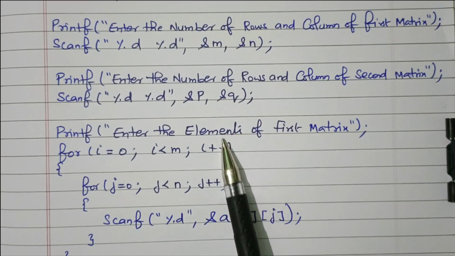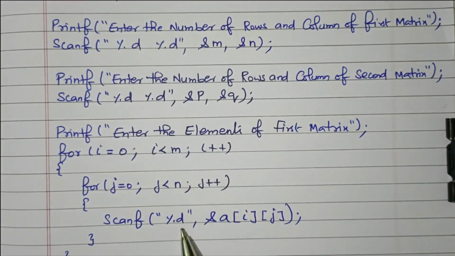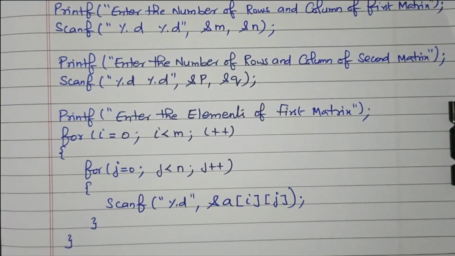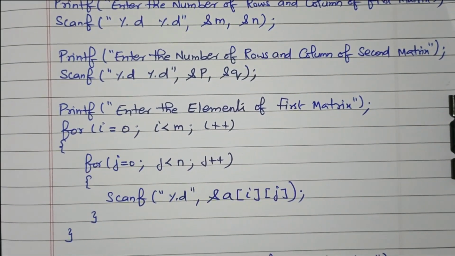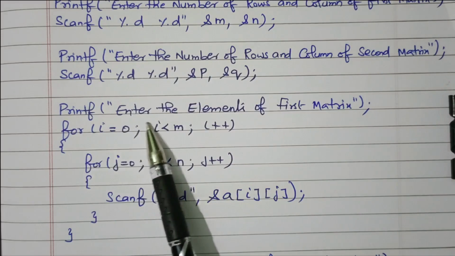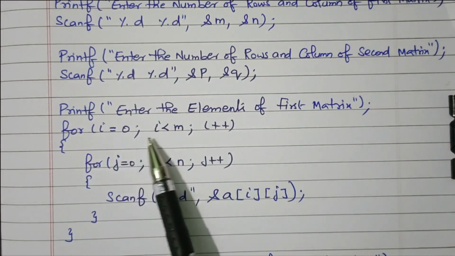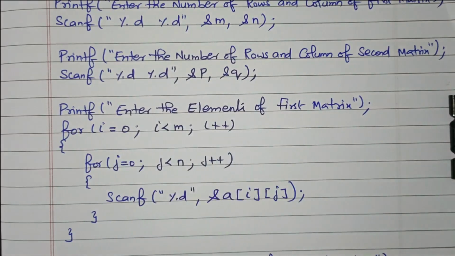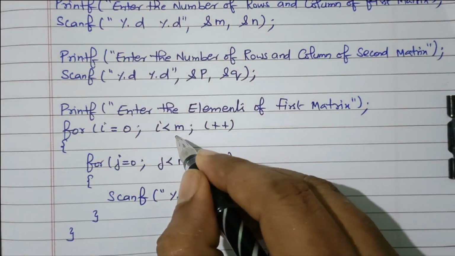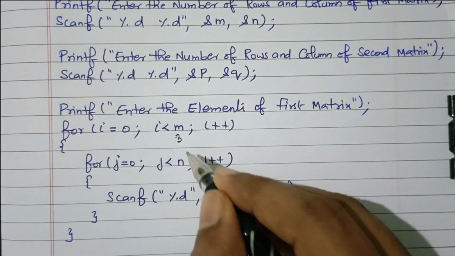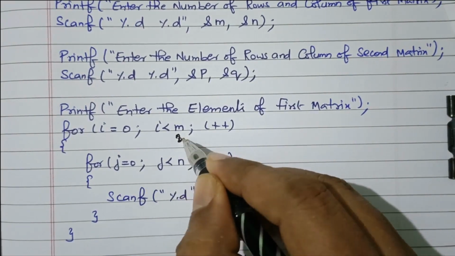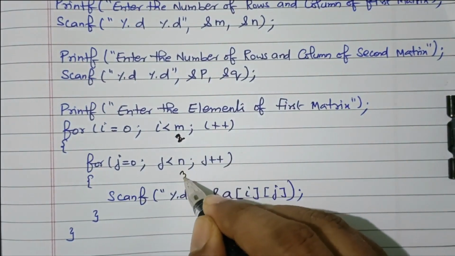Now we'll scan the data. Now we'll get the elements of the first matrix. Printf, enter the elements of first matrix, for i equal to 0, i less than m, i plus plus. We already discussed that we are going to use a 2 cross 3 matrix: rows is 2, columns is 3.